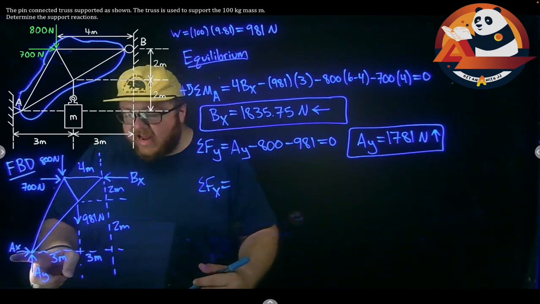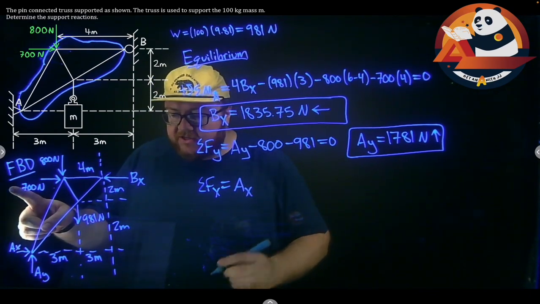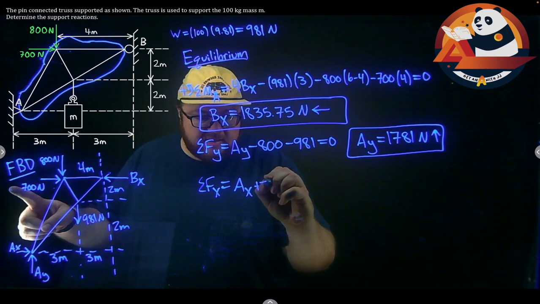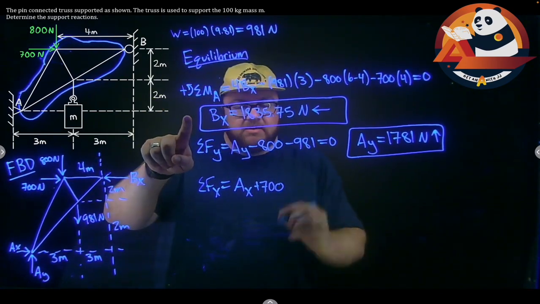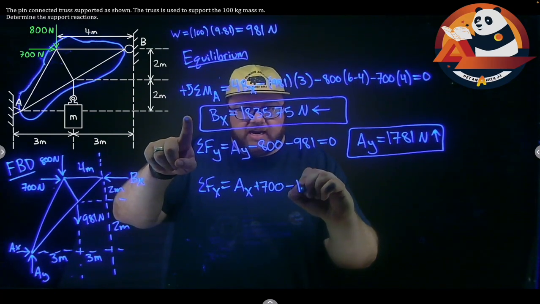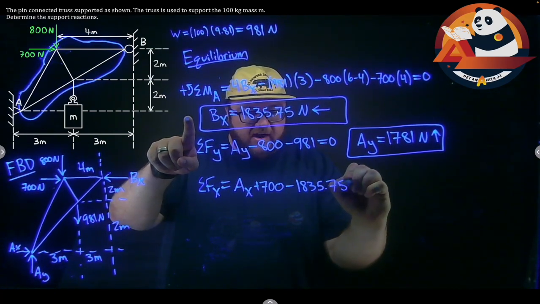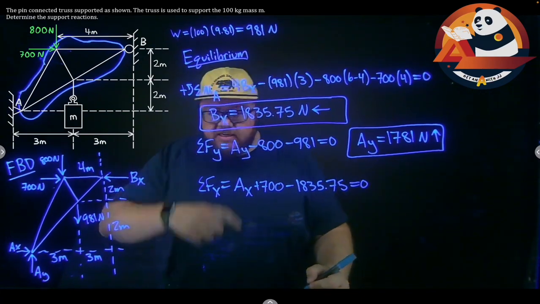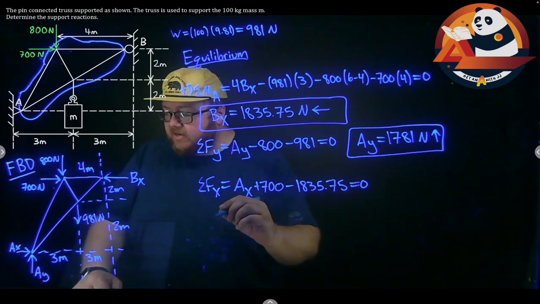So I would have Ax goes to the right, plus 700, minus Bx, which we got Bx was the first thing we found, minus 1835.75 equals 0. Ax is our only unknown here. I should be able to solve for Ax pretty straightforward.